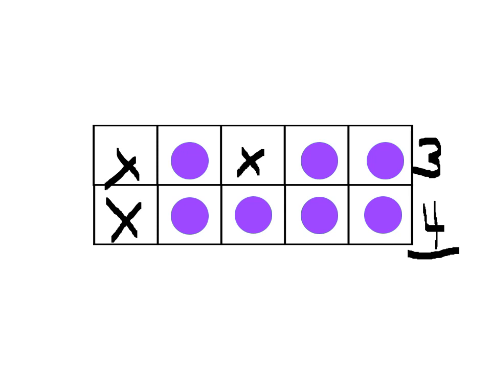So 3 on the top, 4 on the bottom gives us that total of 7. Go ahead and pause the video and discuss any other way that you might have seen how many dots there are.